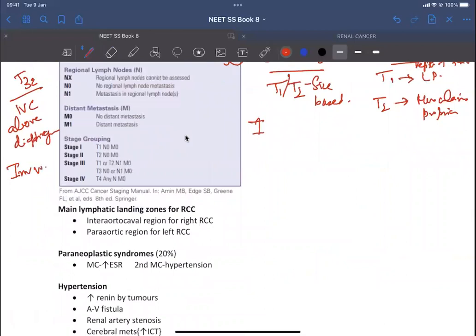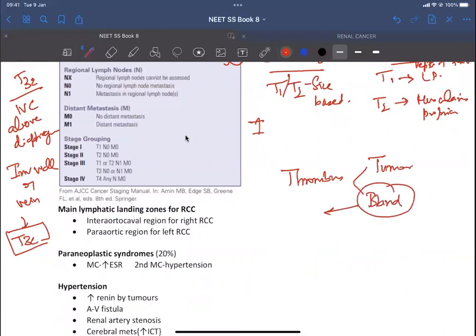If it invades into the wall of the vein, it becomes T3c. So that's why thrombus can be two types. It can be tumor thrombus or bland thrombus. A bland thrombus is generally the one that does not invade, and it's actually quite easy to remove. So it's the tumor thrombus that can present as T3c, causing invasion.